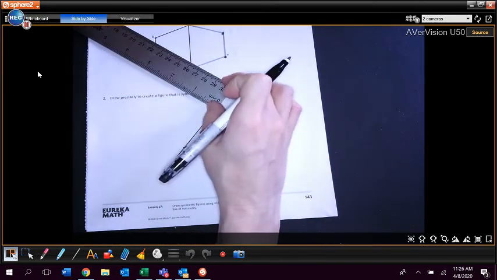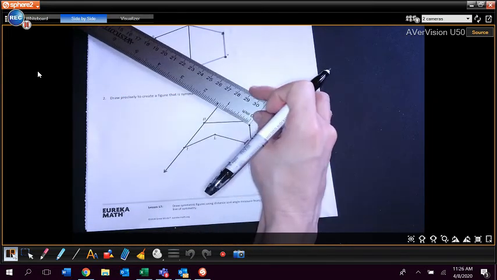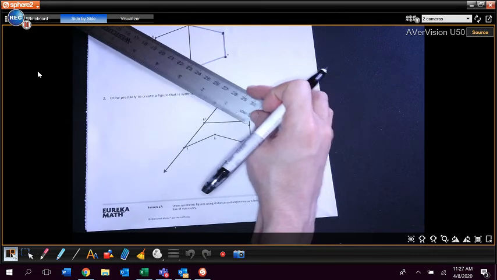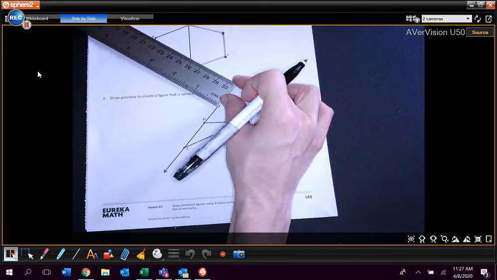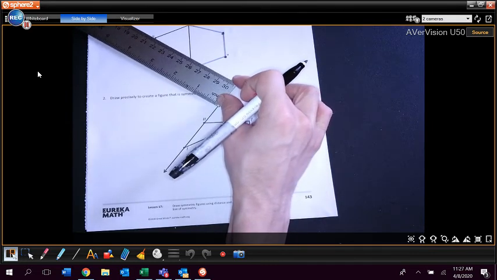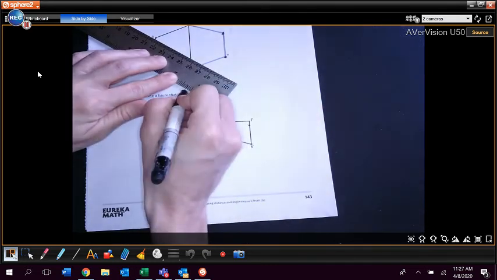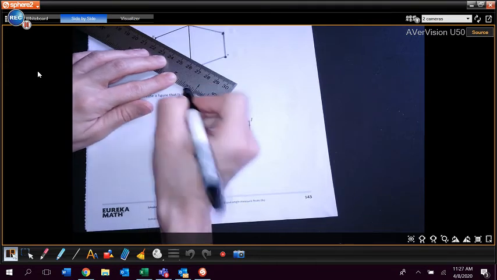Let me make sure I am right in the line. Right there. It's going to be right here. And I actually even went over the letters, but it's okay.